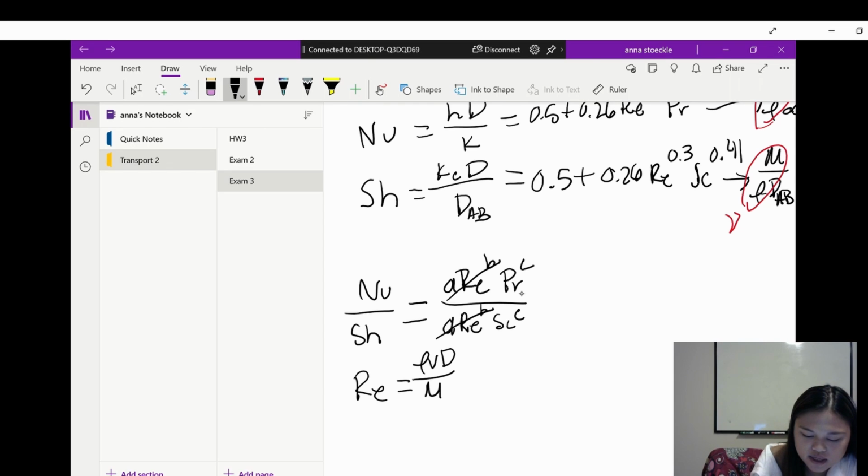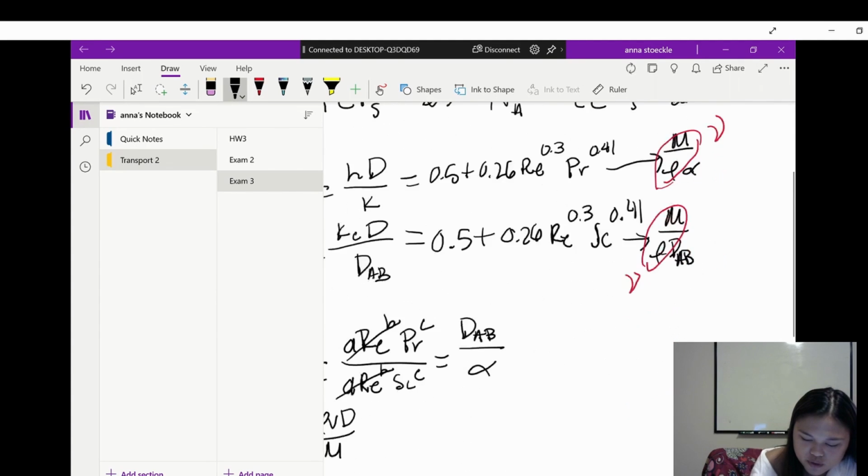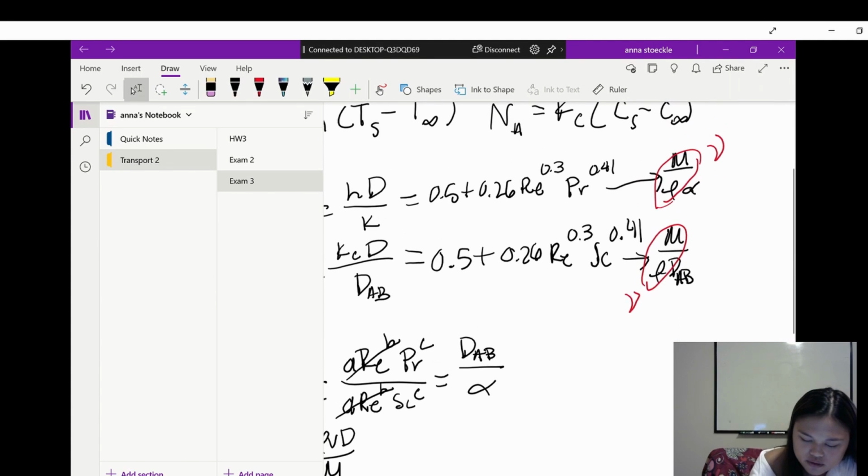And so we see that it's just the Prandtl over the Schmidt number, which is also just this diffusivity coefficient over the thermal diffusivity. If we look back and put those over one another, those will cancel. And then that will give us 1 over the Lewis number.